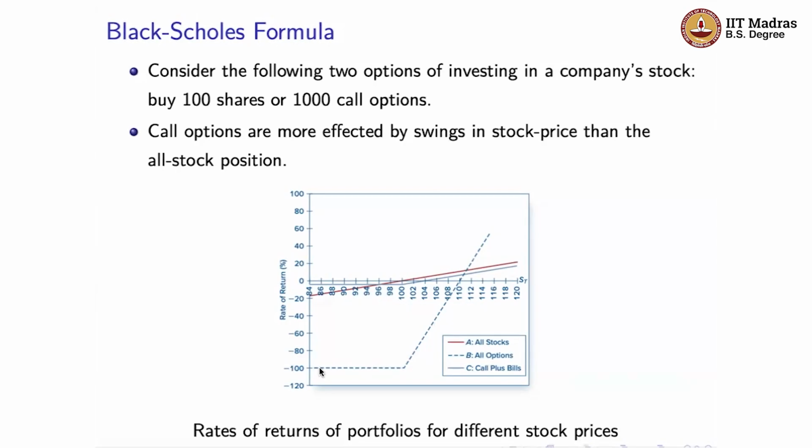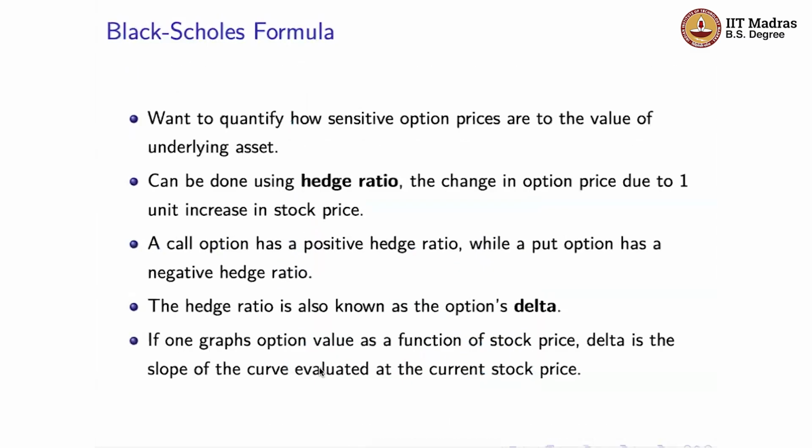Then we want to come up with a numerical, quantitative way of stating this, because this is often useful when we are doing portfolio management. So how do we come up with that? Well, here too, the Black-Scholes formula can be used. But before we get into that, let's think about conceptually what we want to do. We want to basically quantify how sensitive option prices are to the value of the underlying asset. That's the basic thing that we are looking after.